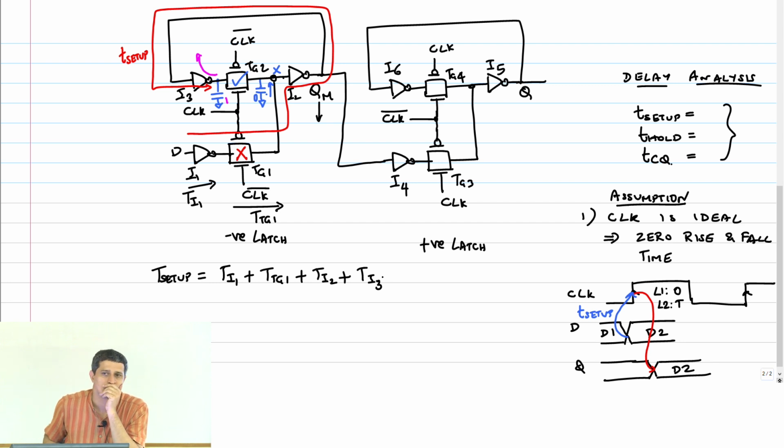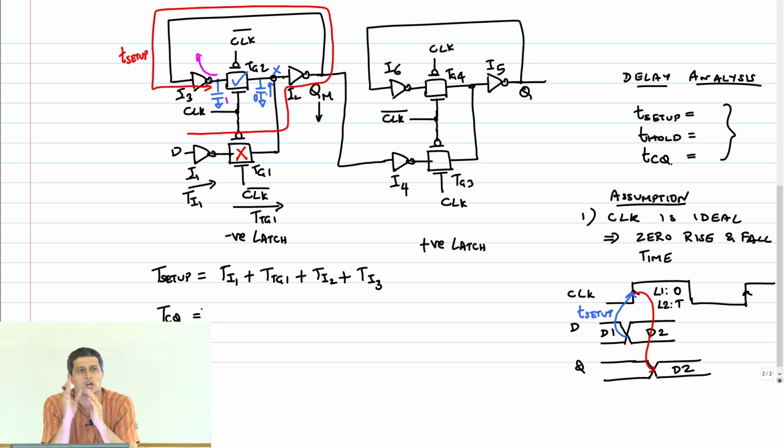Right? Now I'll ask you the next question. What is clock to Q delay? First of all, what is clock to Q delay defined as? After the clock goes high, how long does the data take to appear at the output Q?